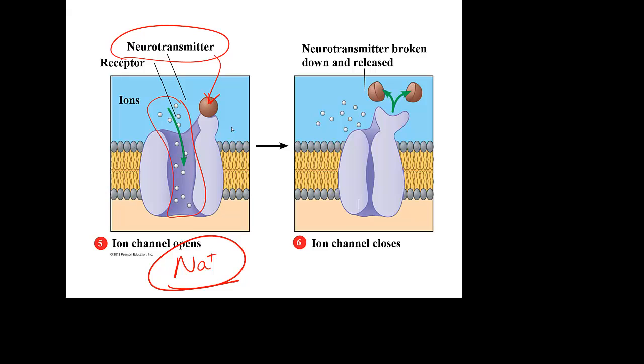It opens the channel and it allows sodium to come into the cell, starting the next action potential. When the neurotransmitter gets broken down, the ion channel closes, sodium stops, and we go back to rest.